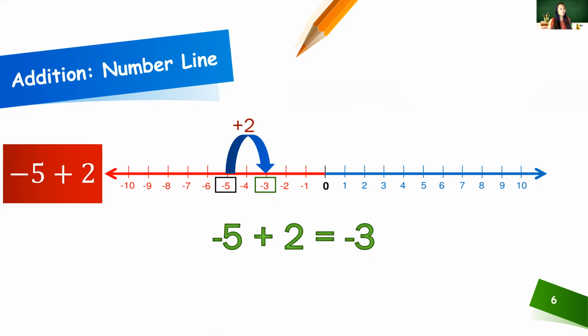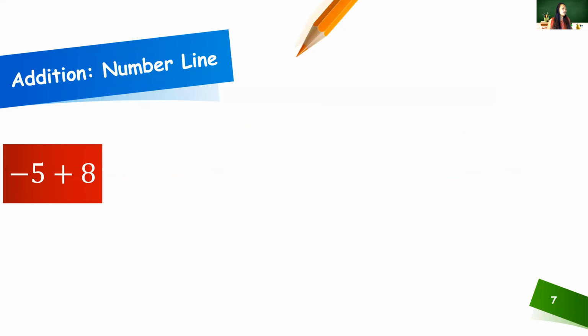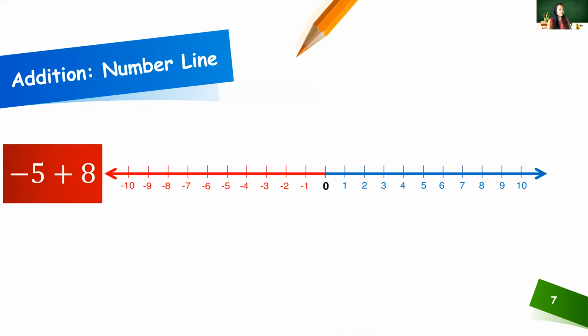Okay, now when would you get a positive result if you were starting at -5? Pause and write down your thought. All right, let's move on. If you have written something like -5 plus a positive number that is bigger than 5, great process.